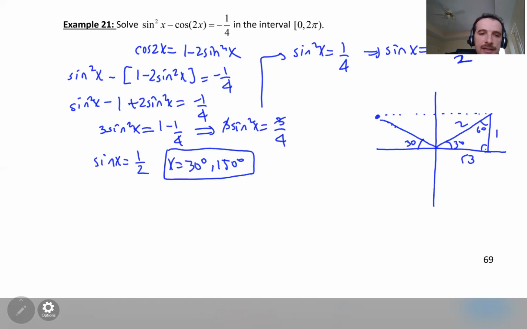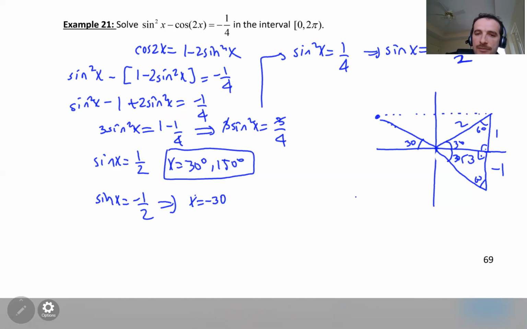And similarly, sine x is equal to negative 1/2. Using this special triangle, 30, 60, 90, this time the angle is negative because it's under the x-axis. So from there I get x is equal to negative 30. But wait, negative 30 is not in this interval, right?